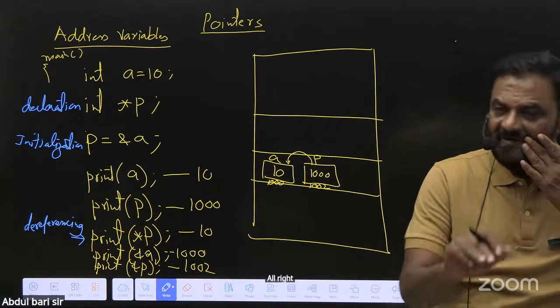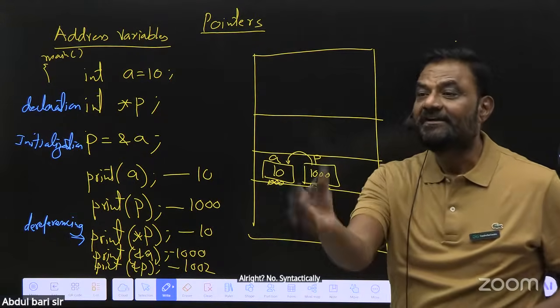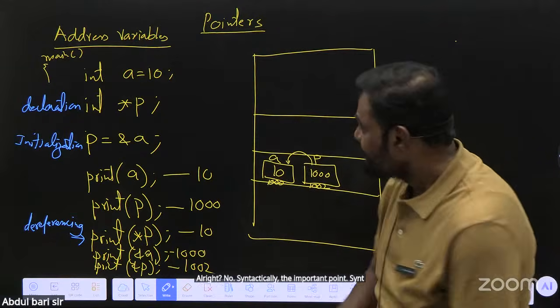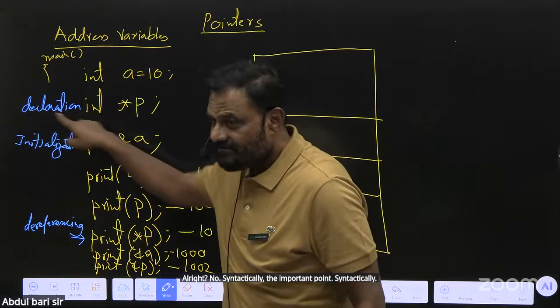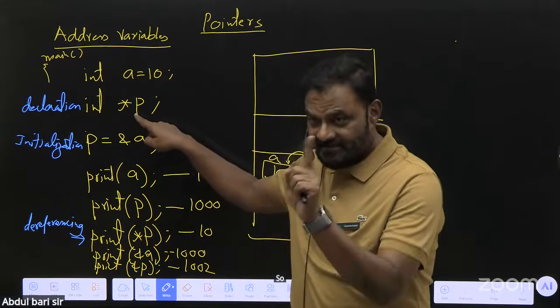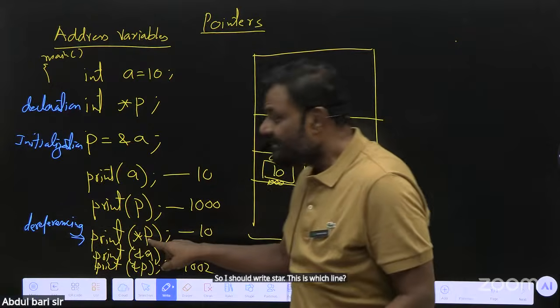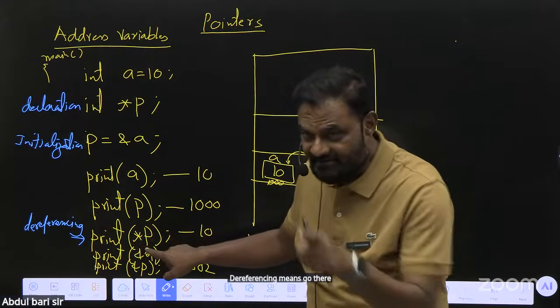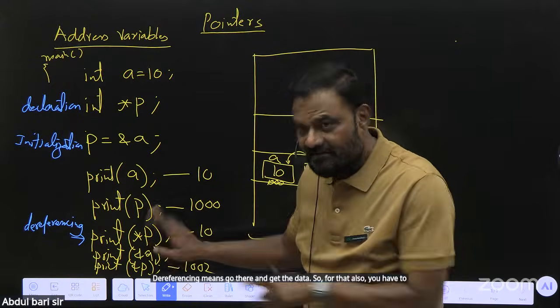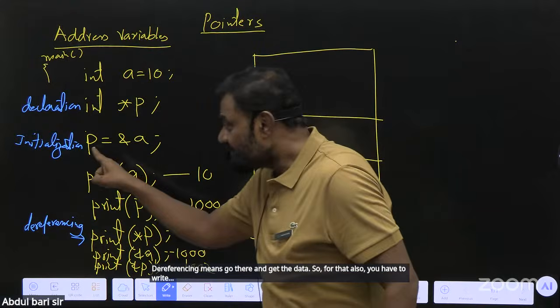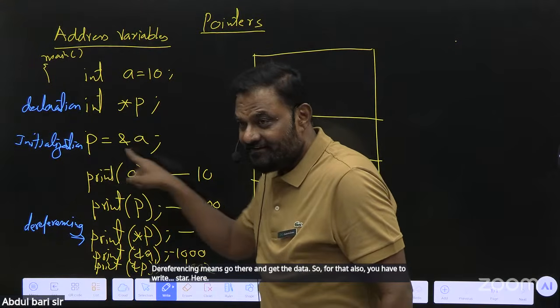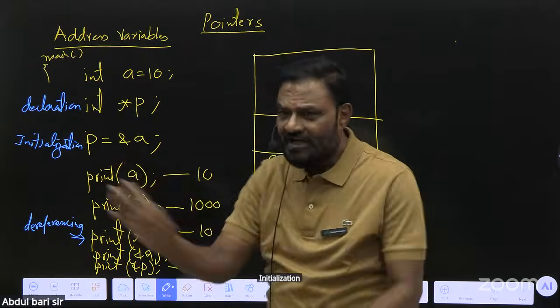All right. Now, syntactically, the important point. Syntactically, which line is this? So I should write star. Dereferencing means go there and get the data, so for that also you have to write star. Here, for initialization, you don't have to write star.